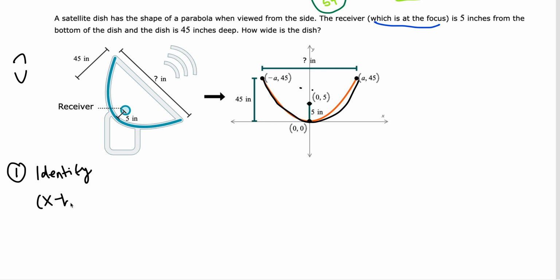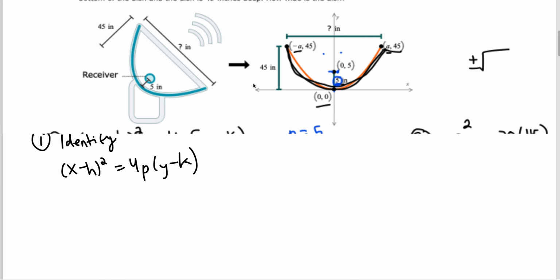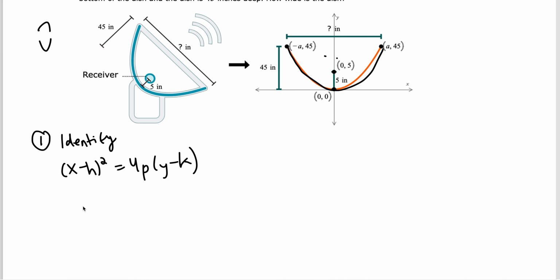So (x - h) squared equals 4p(y - k). And since, again, the vertex is 0, this equation becomes x squared equals 4py, right?